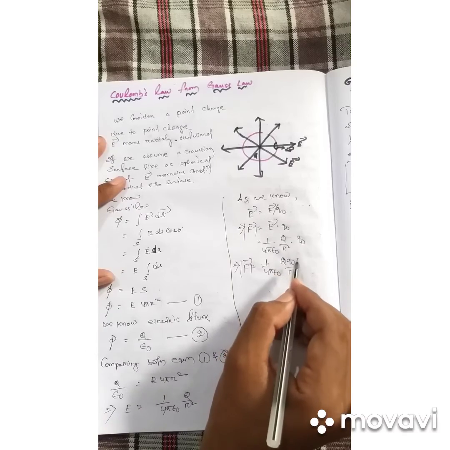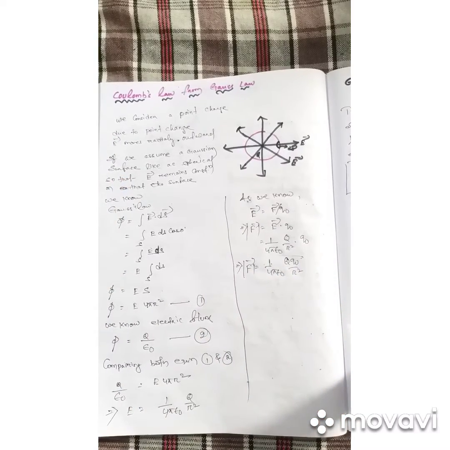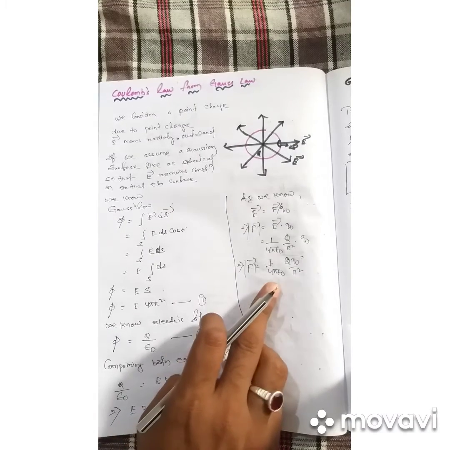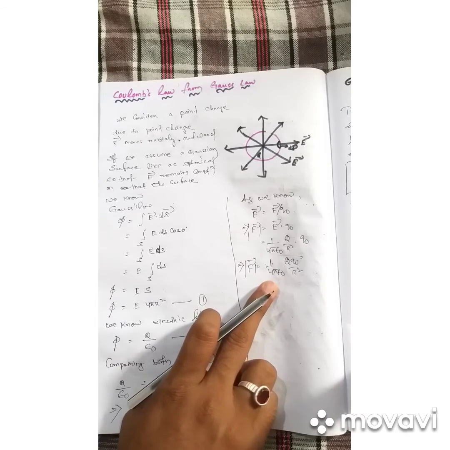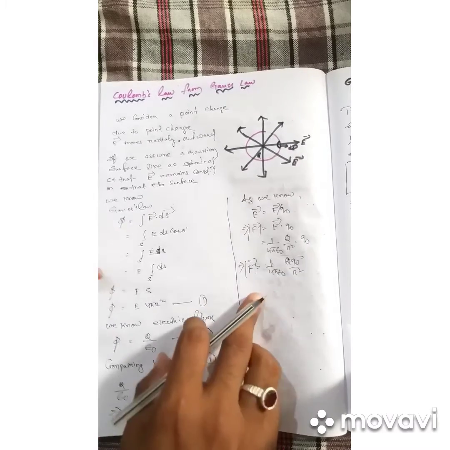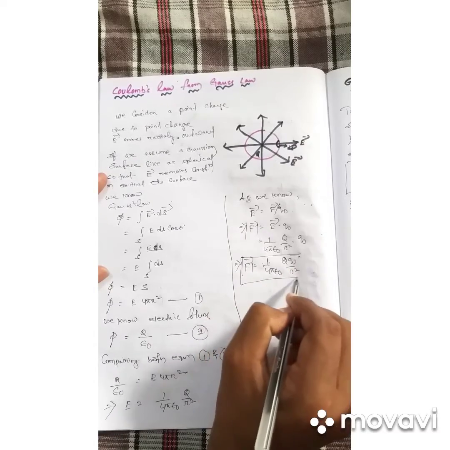Already I have known that Coulomb's force is given by 1 by 4 pi epsilon 0 q q naught by r square. That is the same thing which is given from Gauss law. So that can be represented as Coulomb's law from Gauss law.